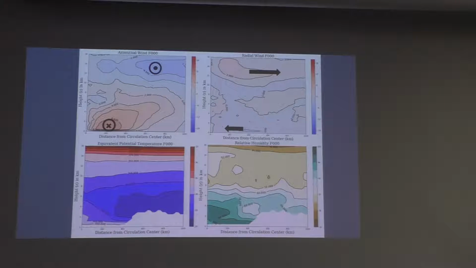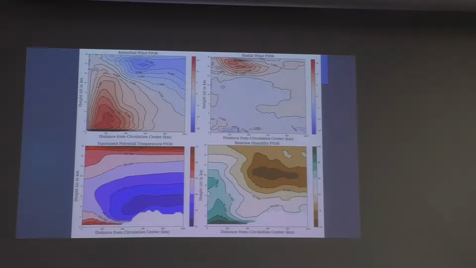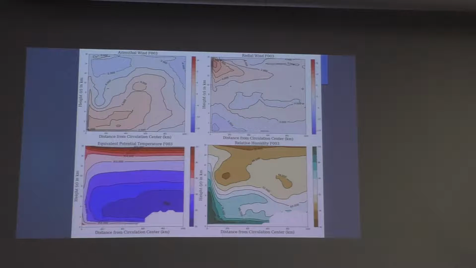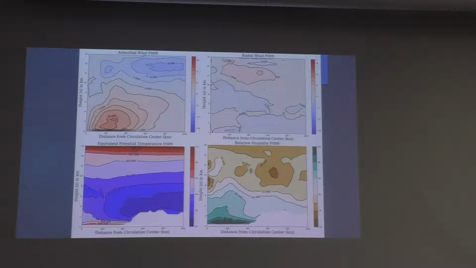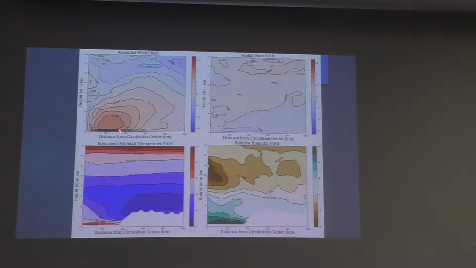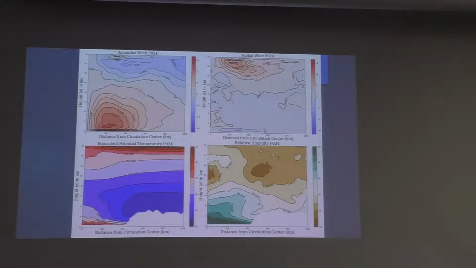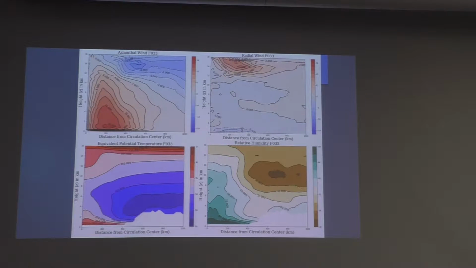We also see the equivalent potential temperature, where there's a minimum equivalent potential temperature and generally moisture near the cyclone center. We do see in the relative humidity that the upper levels are relatively dry, drier than we see in a classic strong tropical cyclone. As these fields progress, we see that the azimuthal wind increases, meaning it's becoming a stronger, more vertically stacked cyclone.